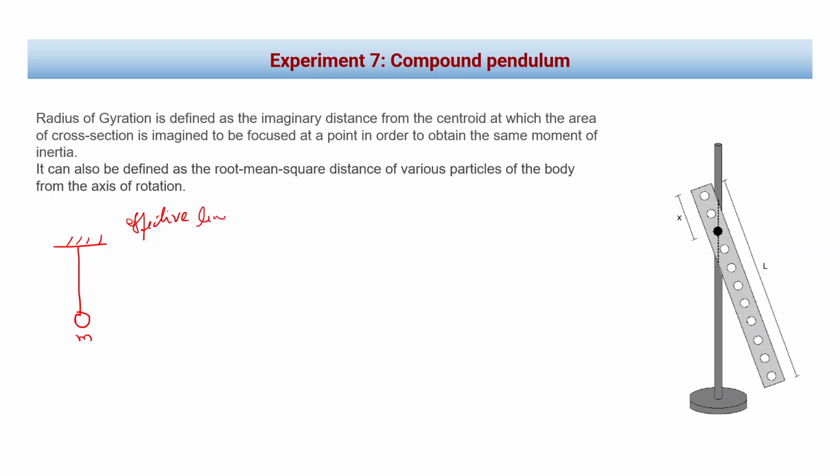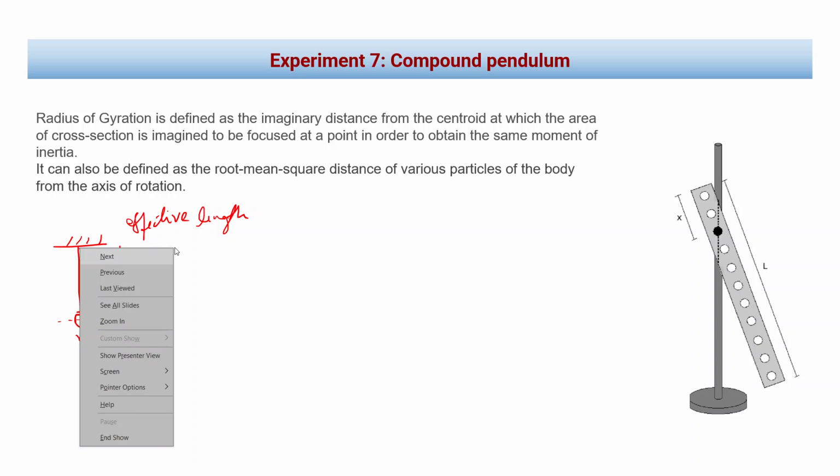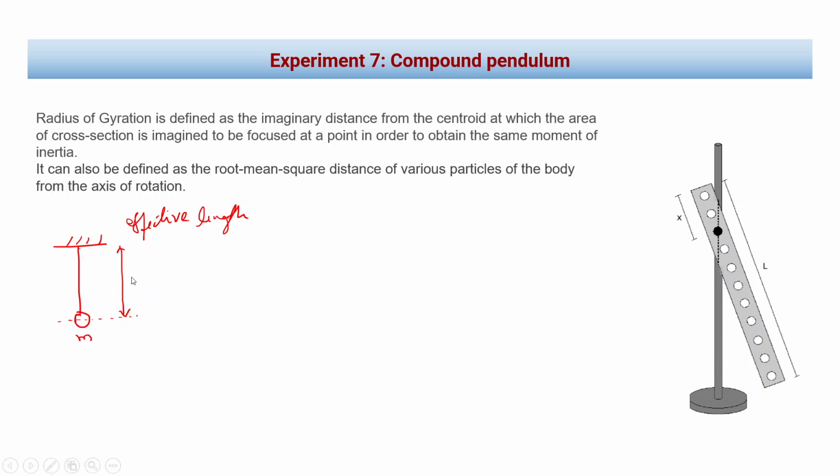So the effective length in case of a simple pendulum is this distance: if you take the center of this bob and the point of suspension, this length, which I denote by small l, is the effective length in case of a simple pendulum. Then what will be the effective length in case of a compound pendulum?